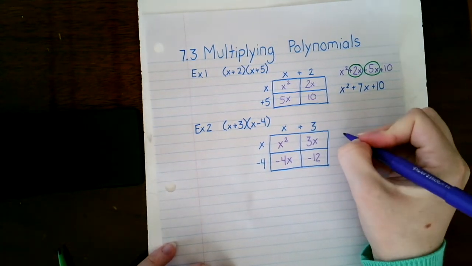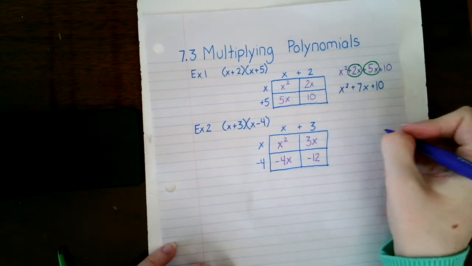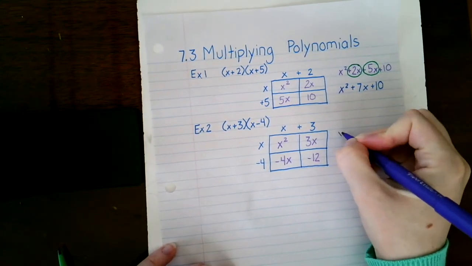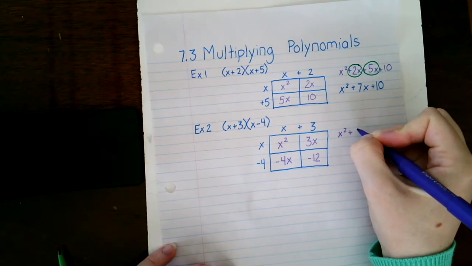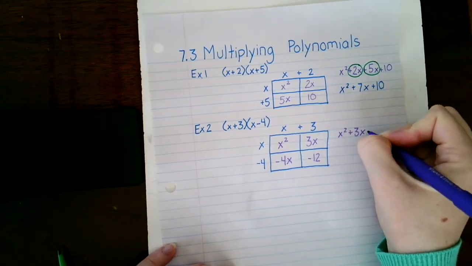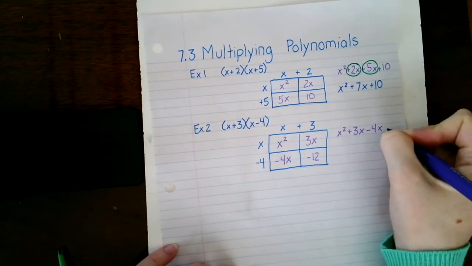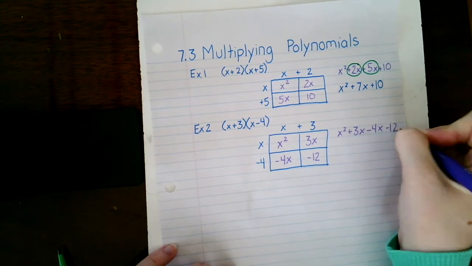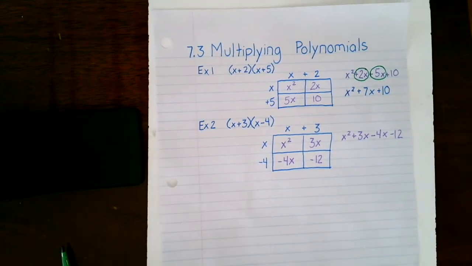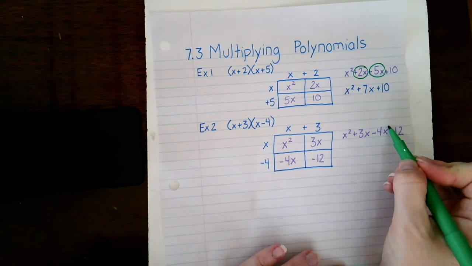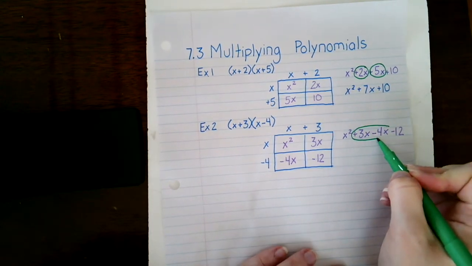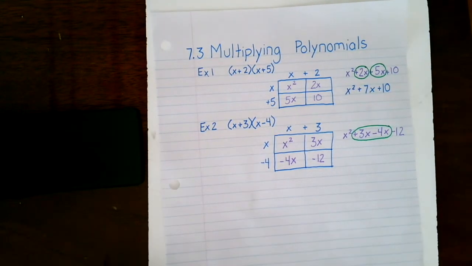So again, I'm going to write out everything on the inside. I'm just going to write it over to the side. So x squared plus 3x minus 4x minus 12. And now again, we can combine like terms. So this 3x minus 4x can combine together.